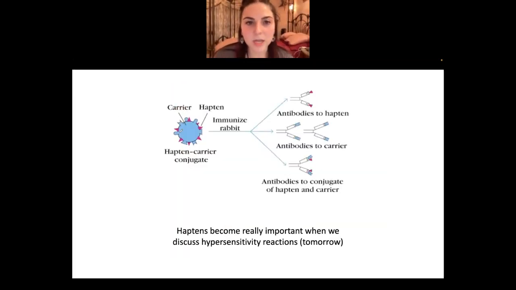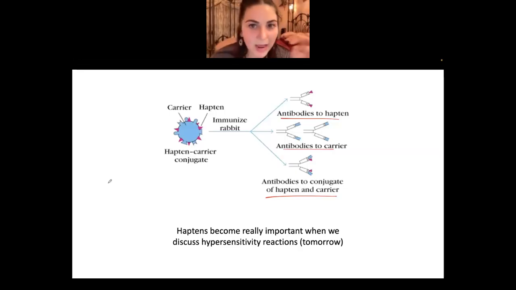Okay, so here's a picture. The hapten is this tiny little triangle, and now we're going to conjugate it to a carrier protein. So we're basically just attaching them. We're going to inject it into a rabbit, and from here you're going to make antibodies to the hapten, so only antibodies that recognize the hapten, antibodies to the carrier, so only to this blue protein part, and then antibodies that recognize both. We're doing hypersensitivities tomorrow.